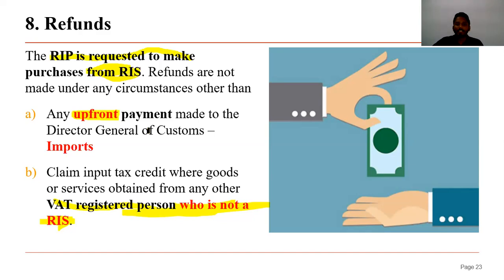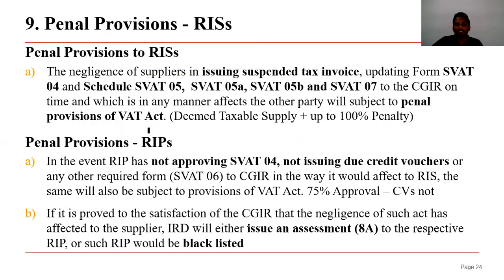Then again, the end of the session for SVAT, here are the basic penal provisions. You need to be aware of the penal provisions as a practitioner if you are dealing with SVAT.